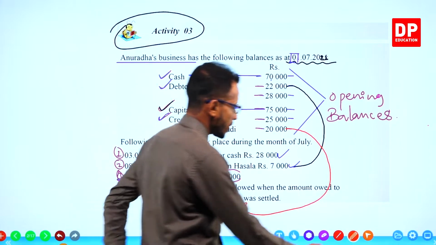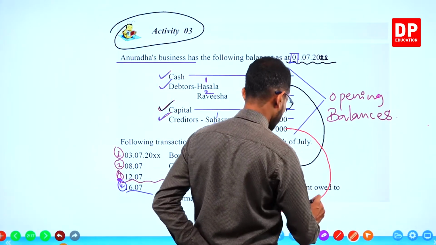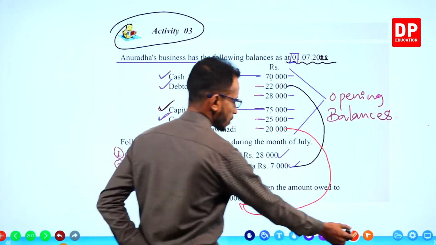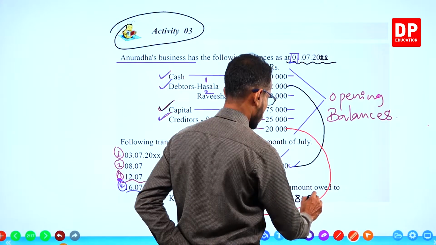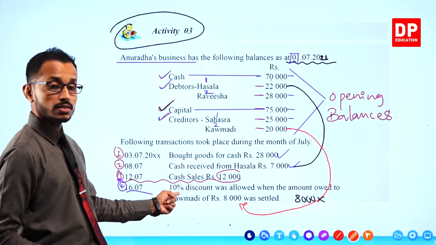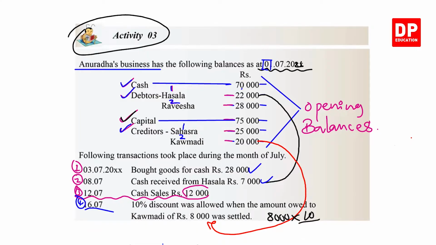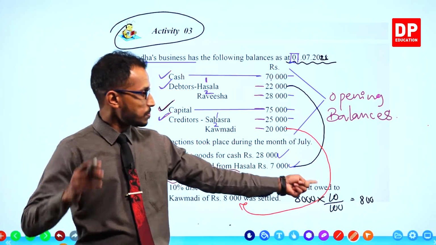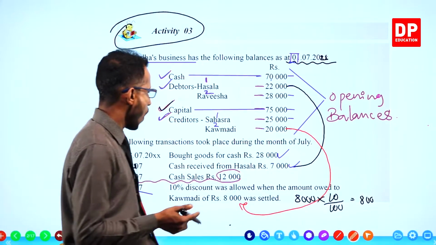So we must do the math. Do your calculations. 8,000 into how much? 10%. 10 over 100. Answer is 800. And you subtract that 800 from the 8,000.